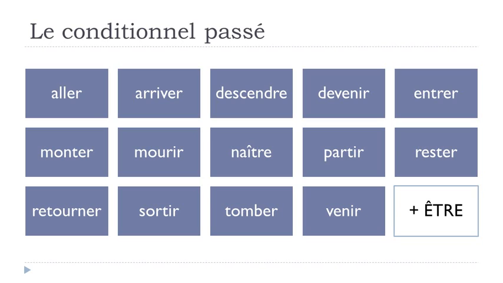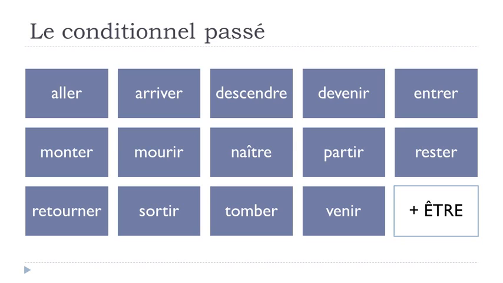And then if you remember what we've been seeing for the passé composé, they are exactly the same verbs that will require être, whether for the passé composé or for the conditionnel passé. And the good news is that we've got other composed tenses in French, and this list will always be the same. So it means that this list of verbs that will require être will be the same for all these composed tenses.